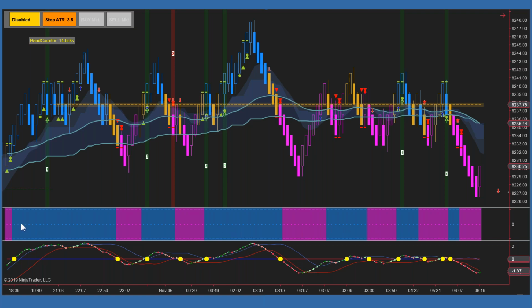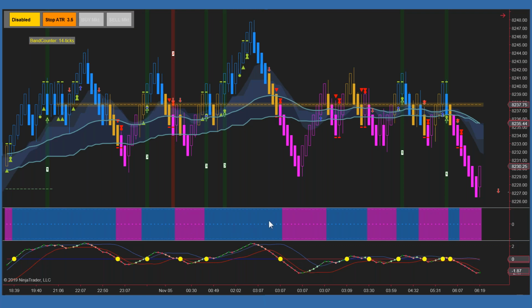So for instance, here we had a big blue block. The market was bullish, but all of a sudden we got a little magenta block creeping in. That was balanced out by a blue block, which was balanced out by a magenta block. So at this stage, it looks like the market is fairly evenly balanced, the bulls and the bears both showing about the same amount of momentum.